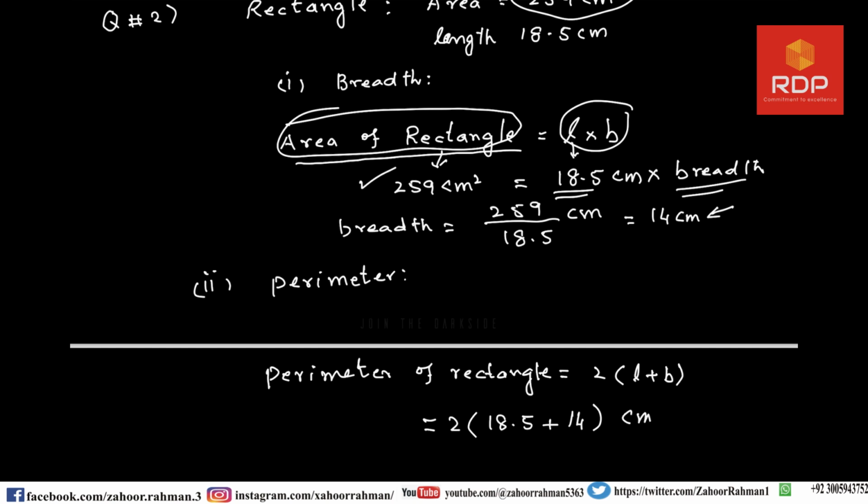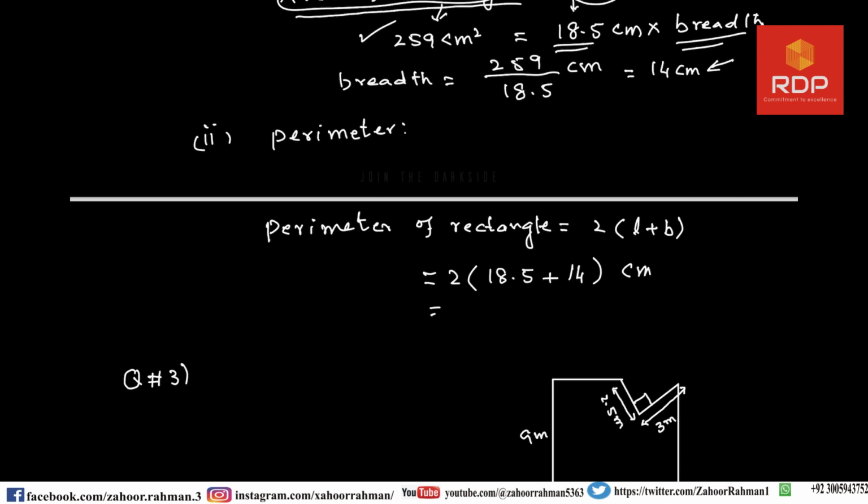So if we multiply this 2 with 32.5, it will be equal to 65 centimeter when we multiply it with each other. So that was the whole story about question number 2.